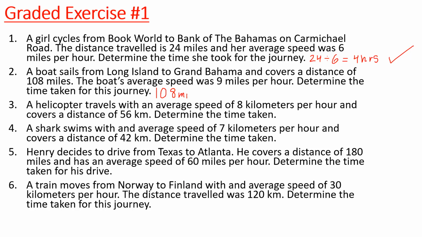The formula would be time equals distance over speed, and it would be 108 miles over 9 miles per hour. I got 12 hours. 12 hours flat, not 12.5, just straight 12. Because 9 times 12 is 108. Very good. So the answer is 12 hours.